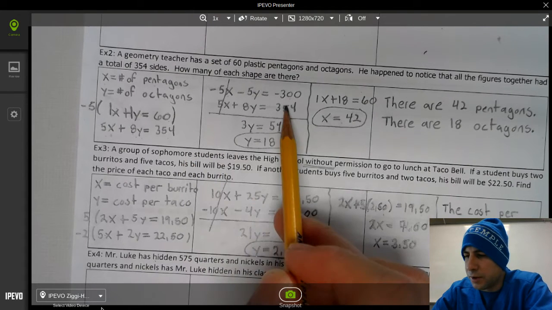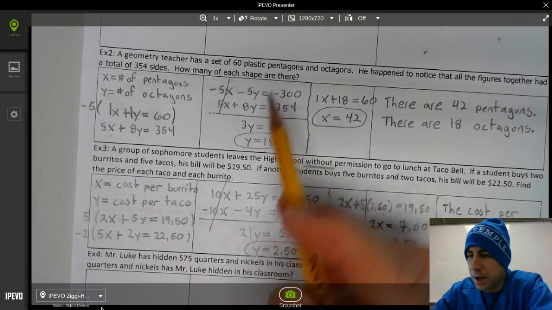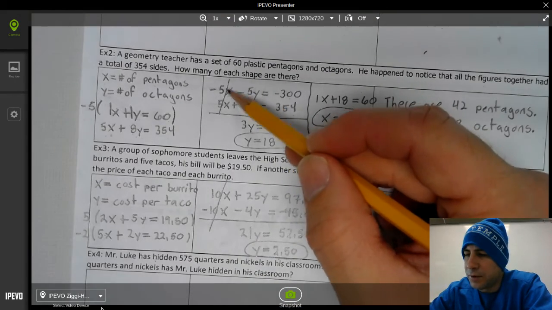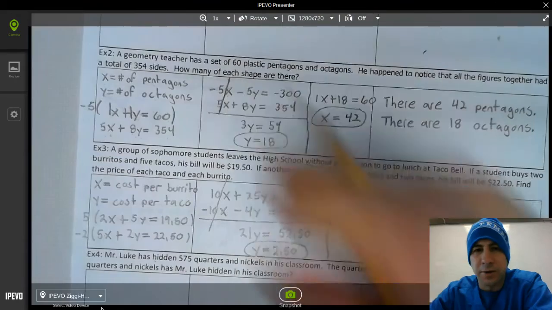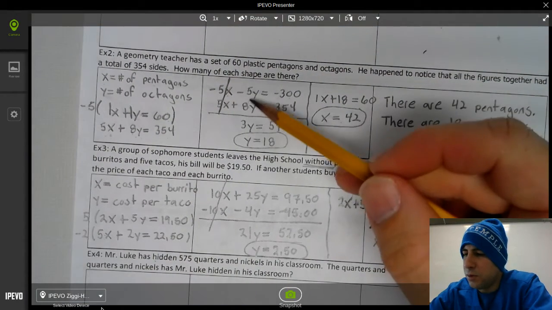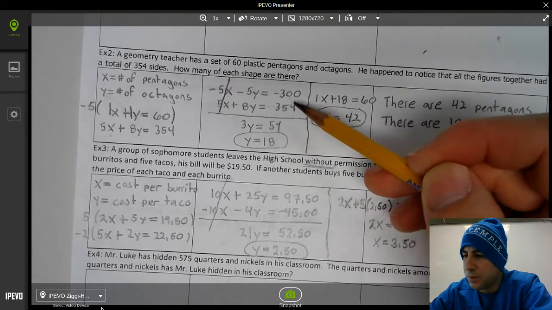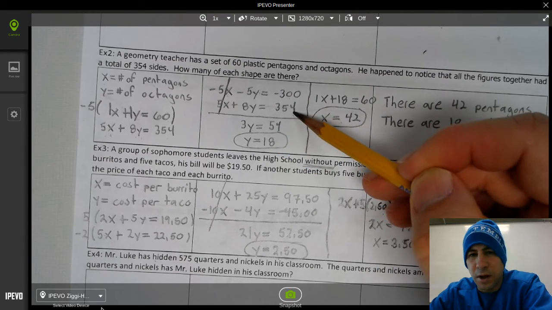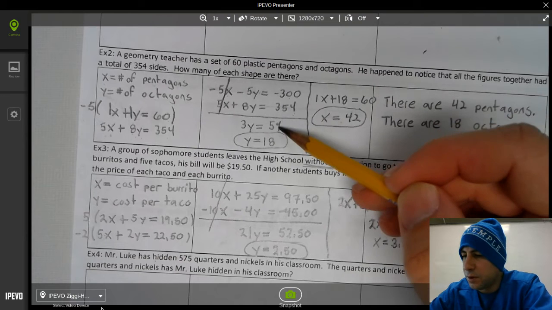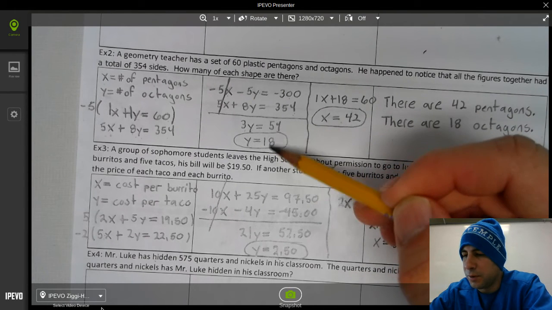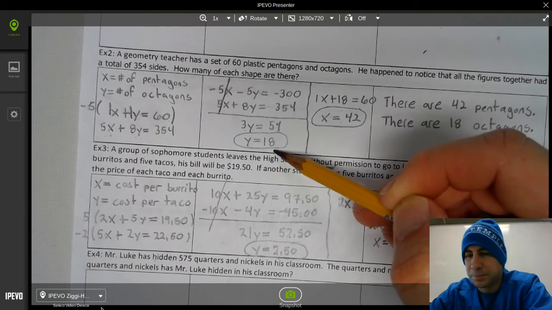We rewrite the second equation, and -5x and 5x cancel. Now we add again: -5y plus 8y is 3y, and -300 plus 354 is 54. We divide both sides by 3, so y equals 18.